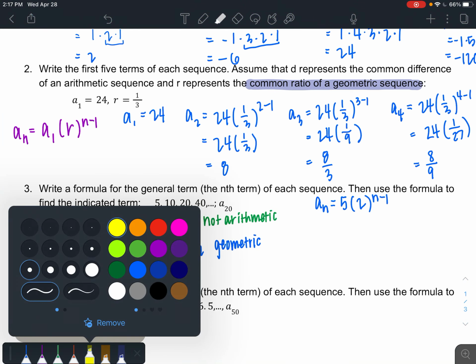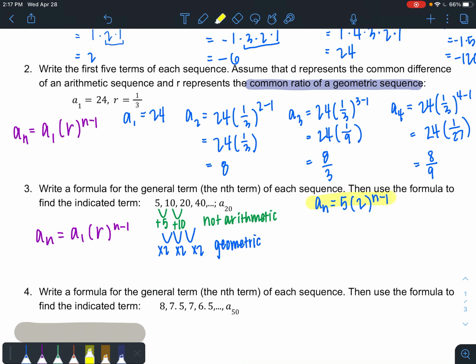But it also asks for the 20th term. So a sub 20 equals 5 times 2 to the 20 minus 1. So 5 times 2 to the 19th.